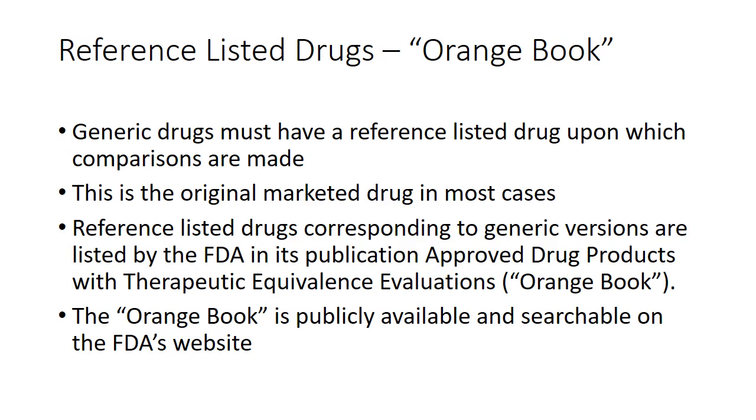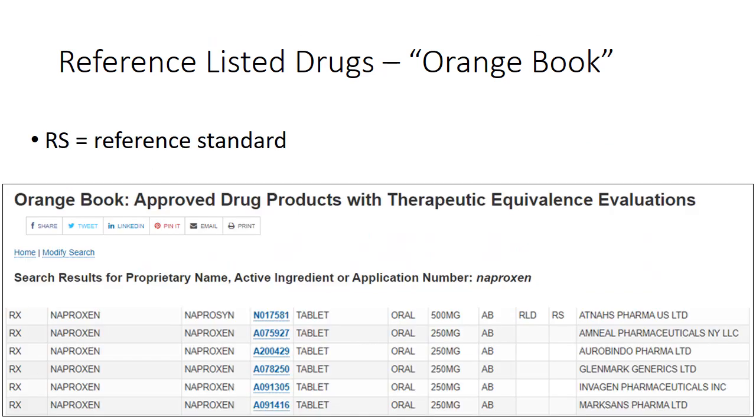I found it in about a minute or less, just going on Google, probably like 20 seconds. So it's really easy to find if you just type in Orange Book FDA. You never know if you might have to do that during your career later on. So just an introduction here to the Orange Book.